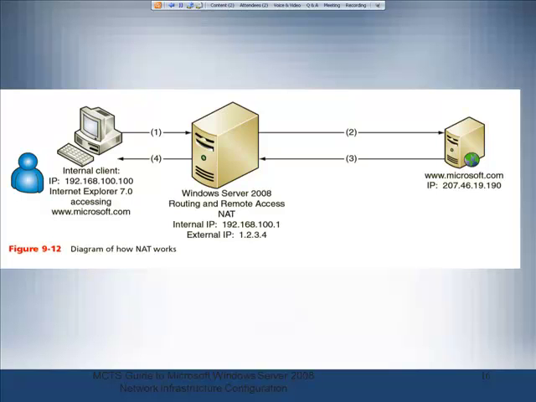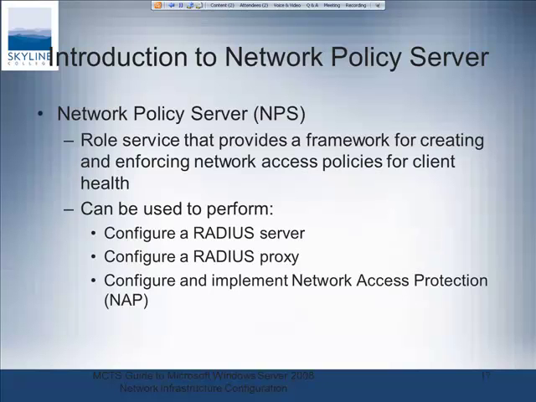I have a router that gets a single IP address from Cox, and I can now run three or four machines, and I think they say four is the limit if you go back and read the license. They all use that same IP address, but with different ports, different sockets, so that the information knows where to come back to. That is the key here. What we're really going to configure on our servers, we're going to call it NAT, but it's really going to be PAT because we're only going to use a single IP address.